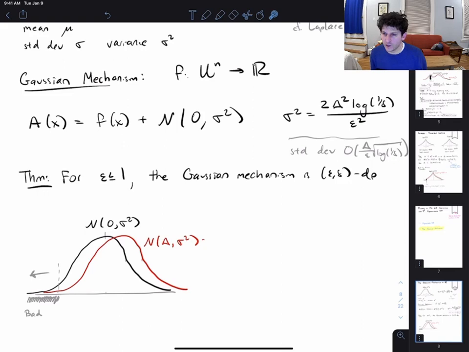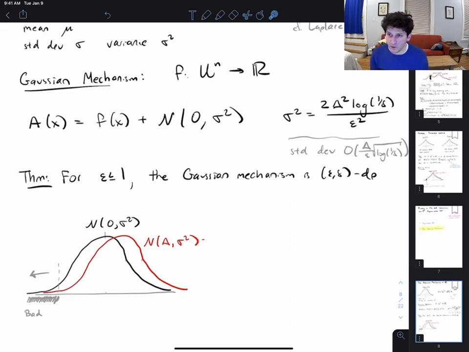Now, if you just stare at this, it looks like the black and the red curve are close multiplicatively, but actually there's a region where the black curve is much, much bigger than the red curve in a multiplicative sense, and that region is when we're looking at very negative values over to the left.